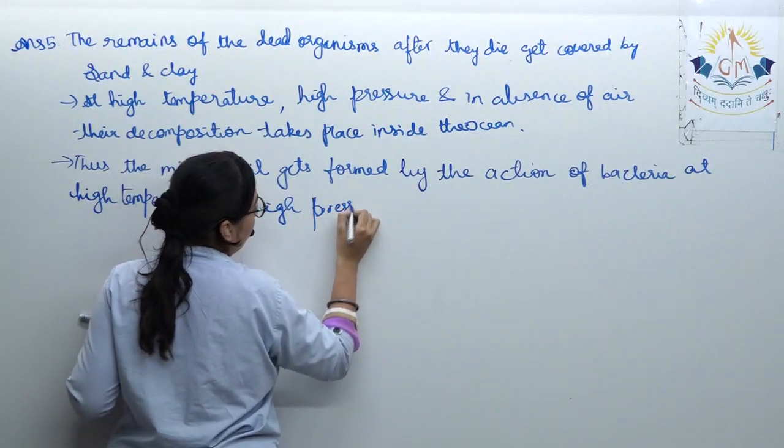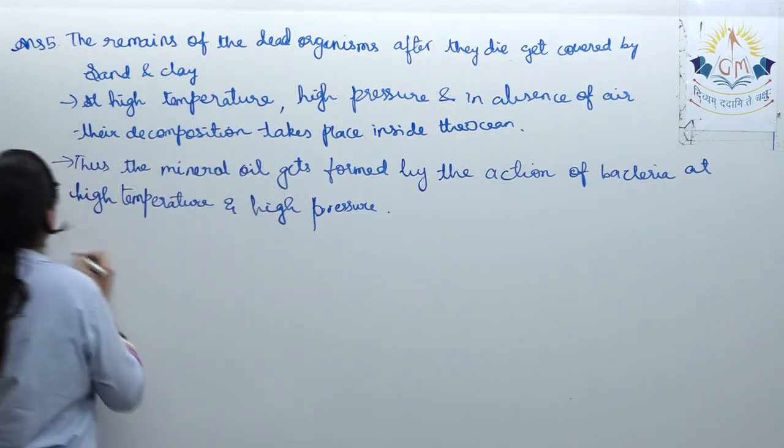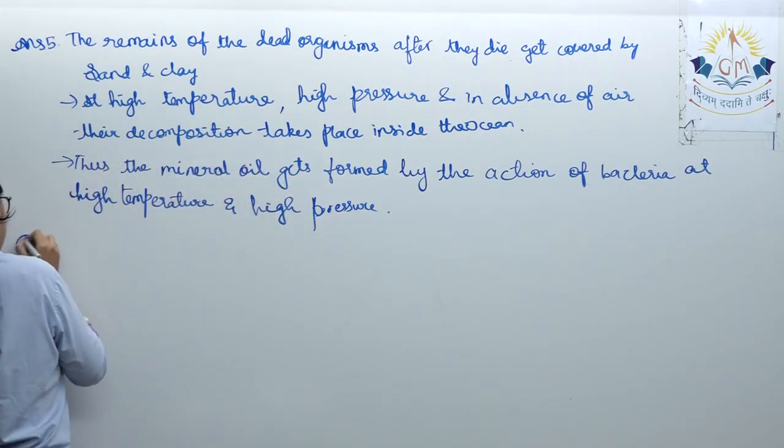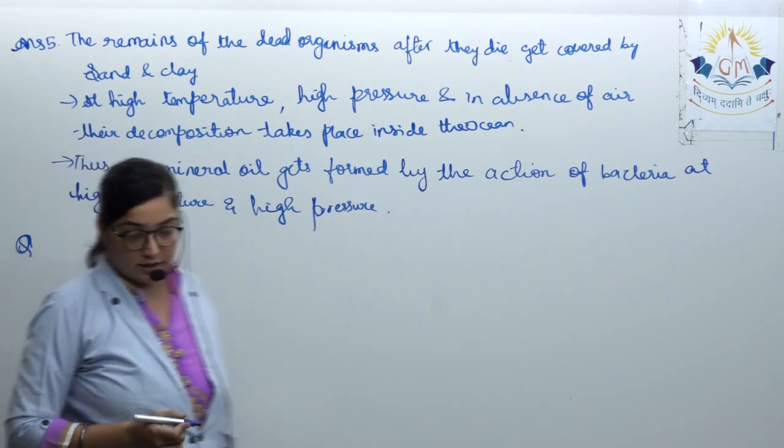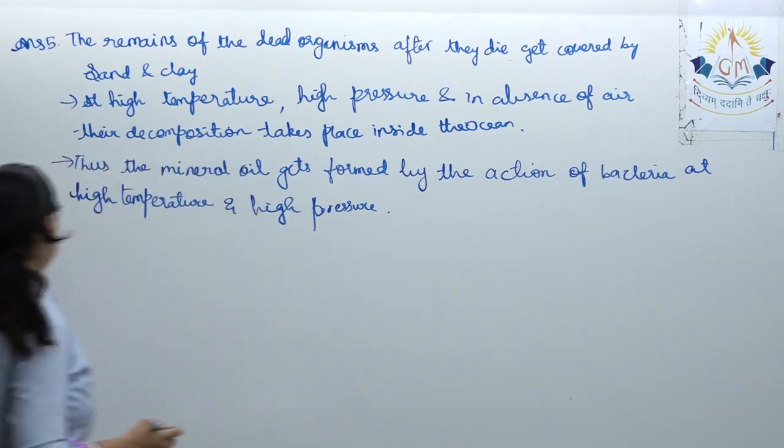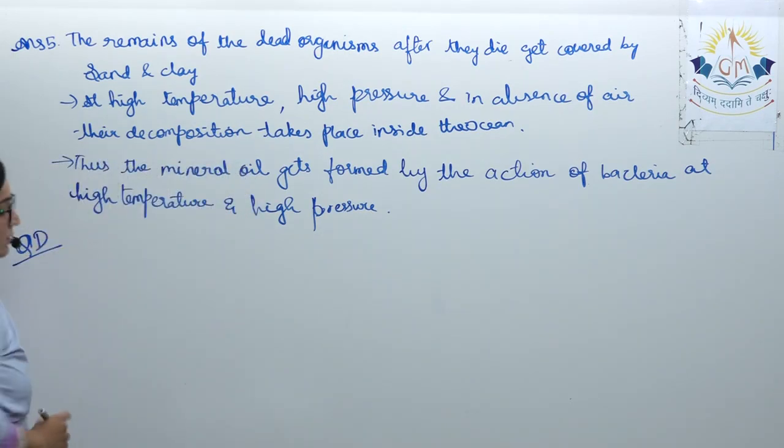You also have to draw the diagram that is given in your book, which we did when we were doing the lesson. Now, coming to the next part, question D, choose the correct answer.